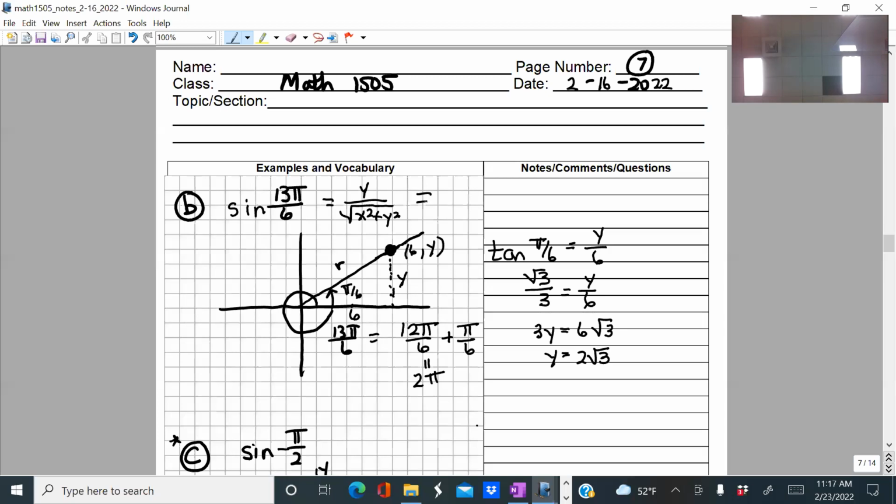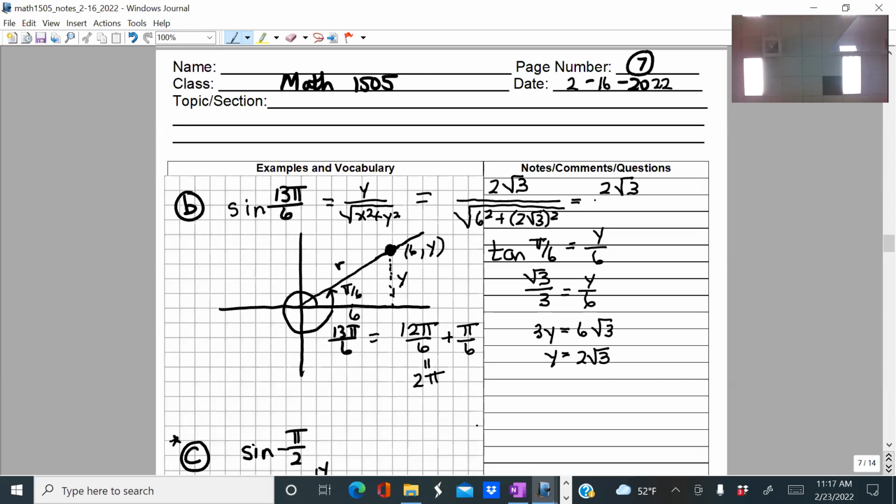Oh, no, I'm sorry. I have to calculate r, right? But we can just fill those in. So we have what? The sine is going to be the y coordinate at this point, which is what? 2 square root of 3, right? Divided by the square root of, and now I have to square these things. So I get 6 squared plus 2 square root of 3 squared.